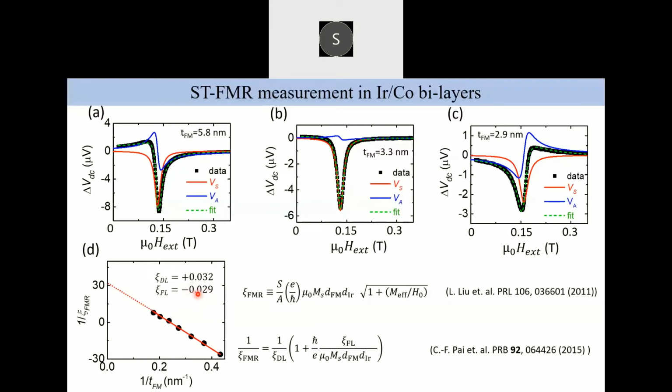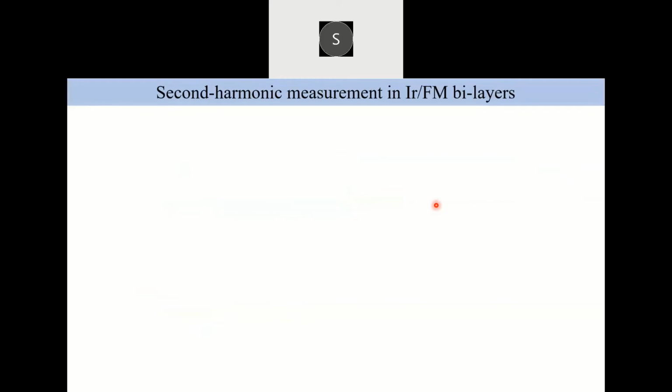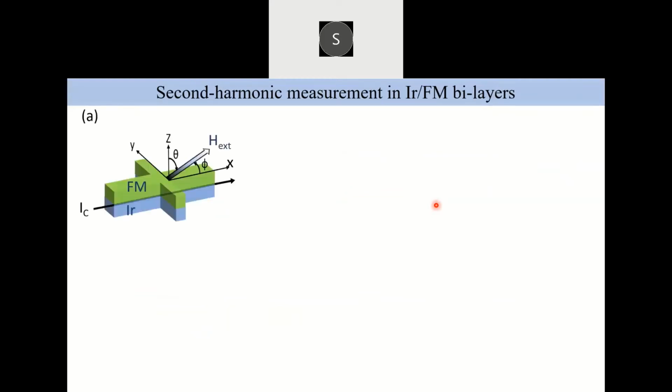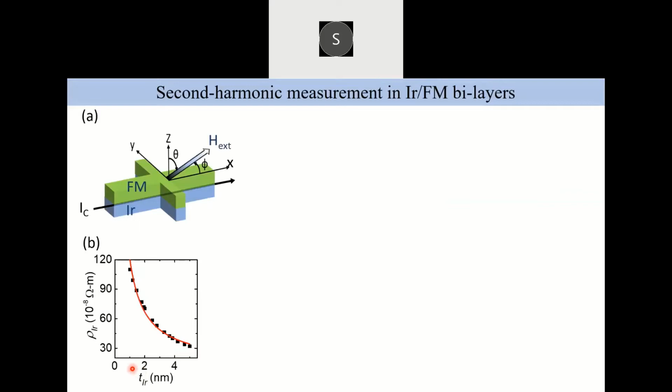So we have further studied this, so we varied the heavy metal thickness and we did second harmonic measurement. In this case also, if we see the resistivity of iridium, as thickness decreases, we can see the resistivity increases, which implies interfacial scattering, because of which this increases.